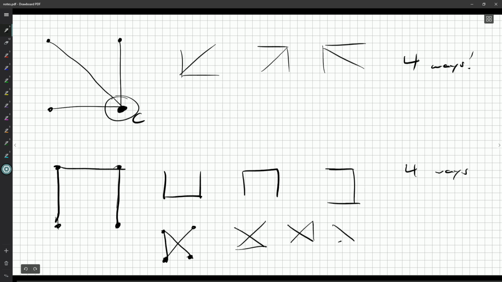Okay. So there's 4 more ways. Or Beryl could have been friends with Colleen. We get another 4 ways. So you get this sort of Z shape.